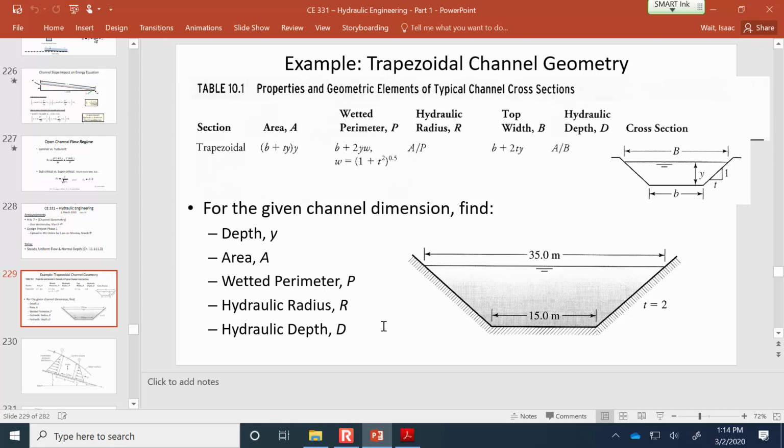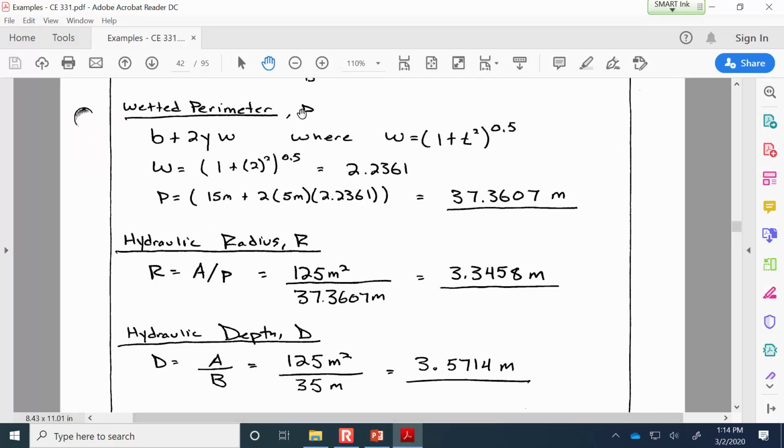And W takes that into account. So what we should get is a wetted perimeter of 37.36 meters. And then the hydraulic radius is the ratio of the area to the wetted perimeter. And then the hydraulic depth, this term D, is essentially the equivalent depth as if the channel was rectangular.